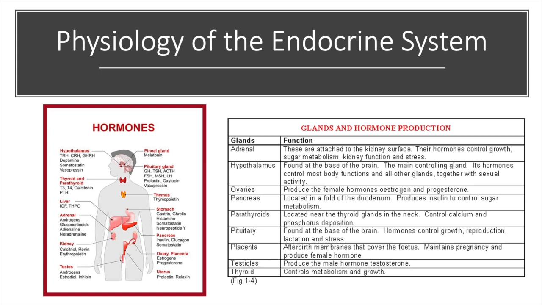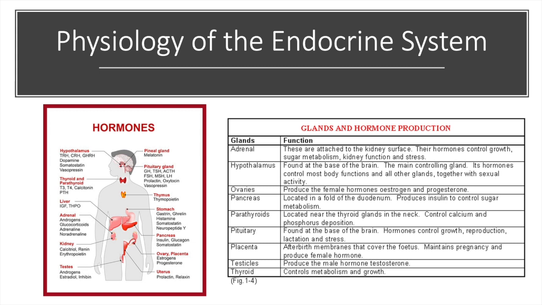The placenta is actually considered an endocrine gland in pregnant women. It is the afterbirth membrane that covers the fetus, and it maintains pregnancy and produces female hormones. And finally, we have the thyroid that controls metabolism and growth in the body. So those are just the basic rundown of the hormones and their function.